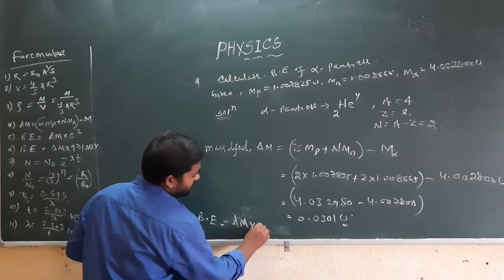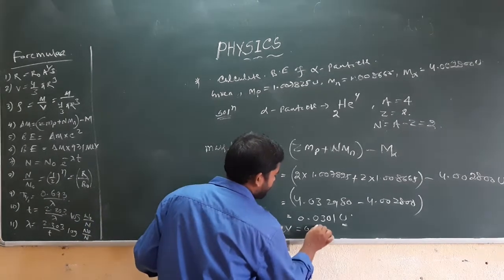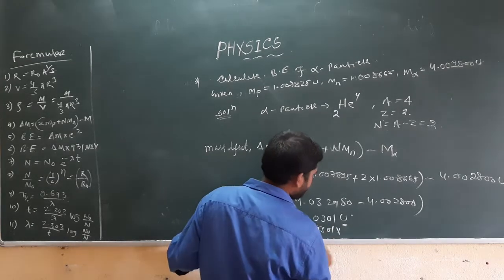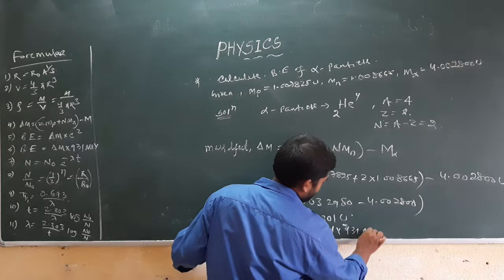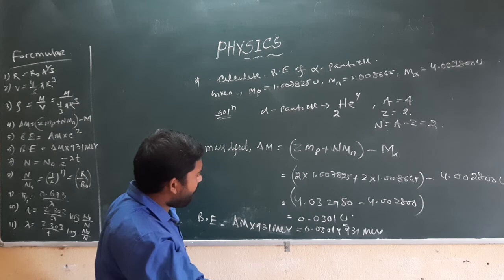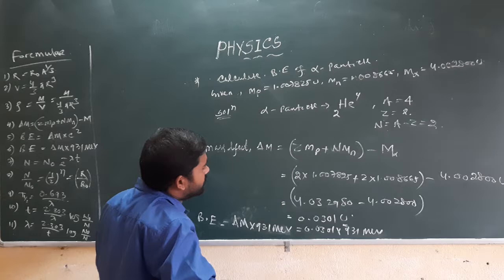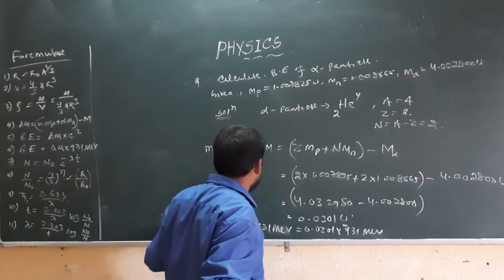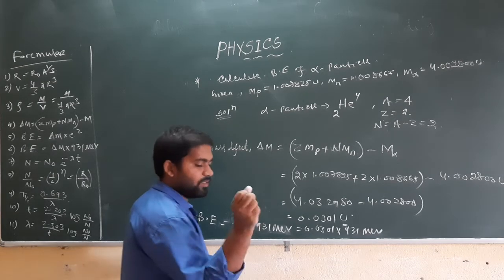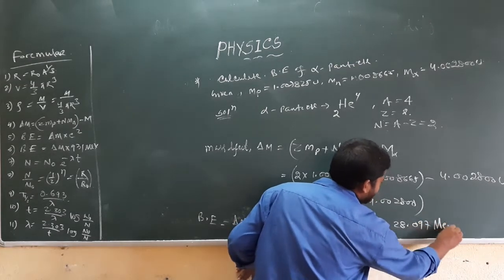That will be 0.0301 into 931 MeV, and if you calculate the value, it will be around 28.097 MeV.